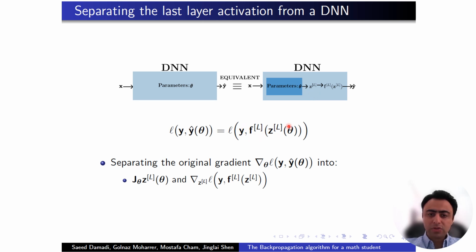This helps us rewrite the loss function, loss of y and y hat, including this last layer activation function. Once we have this, we can simplify the gradient of this loss function into two terms, and we can efficiently calculate these two things, which I will explain next.